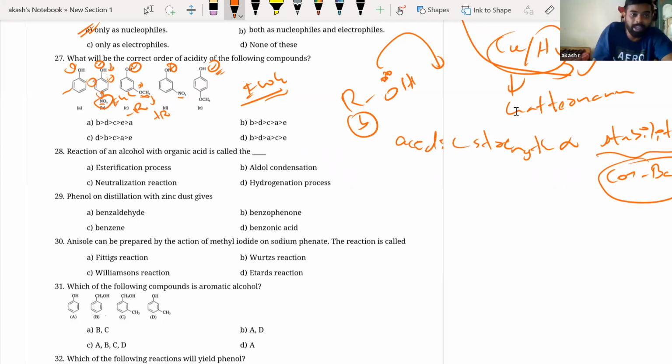Again, the same reason why, because in the phenoxide ion, the negative charges are found only at ortho and para positions. All right. Okay. So now this OCH3, since oxygen is more electronegative, it is going to show me minus I effect. It is not only resonance, inductive effect can also happen. Right now, but if this was in para position, this would have shown only plus R. Now remember that for inductive effect, distance matters. Okay, right.